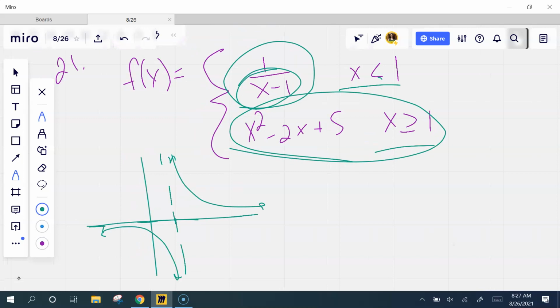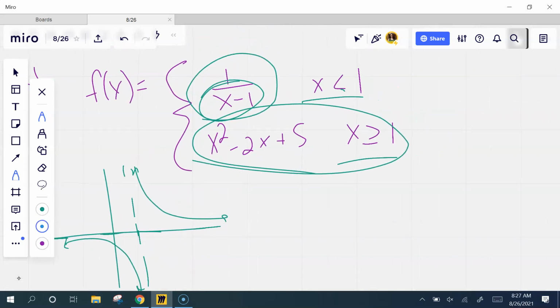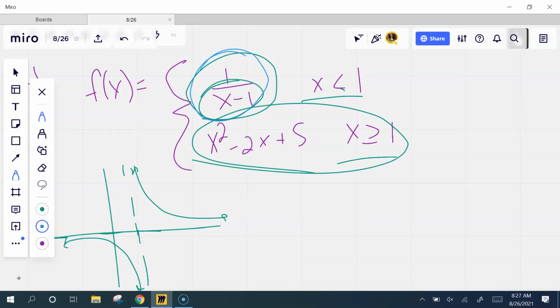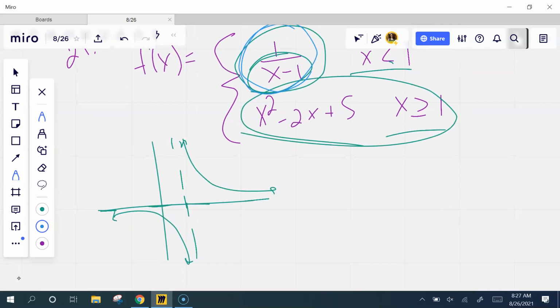Okay, so this is what I do first, and this is the easiest way to understand them. It's not the most efficient way to graph them, but it's the easiest way to understand them. This is the graph of 1 over x minus 1. Do you agree or disagree? But it says x has got to be less than 1. So here's where x is 1.